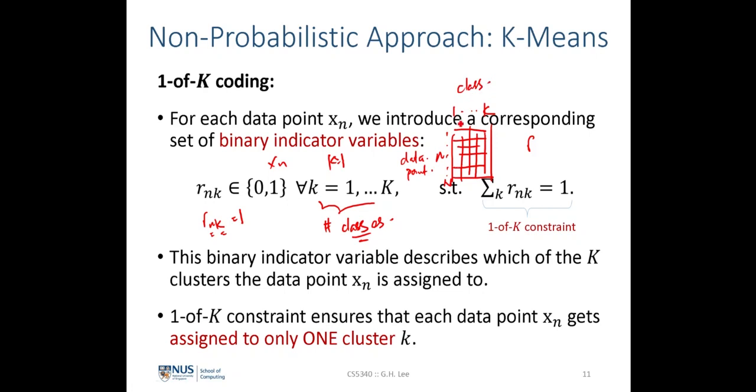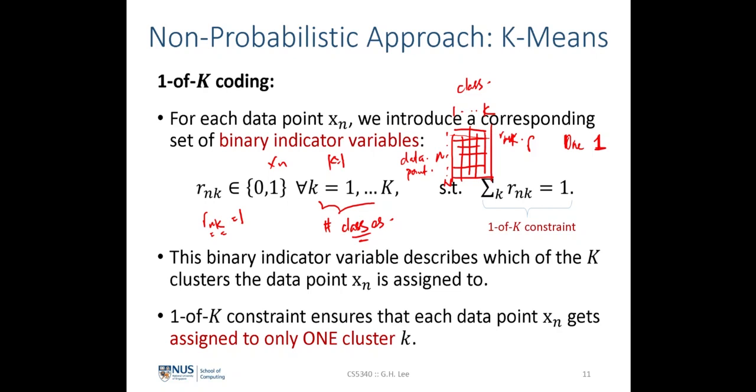So for each data point, each entry over here is going to be r_nk. For each row of this matrix R, I'm going to have it sum up to 1, where each entry in this matrix is going to be 0 or 1. What this implies is that for each row, I can only have one 1, and all the rest must be 0.